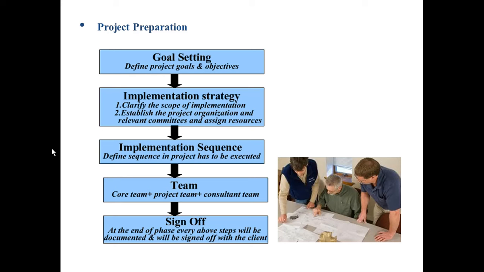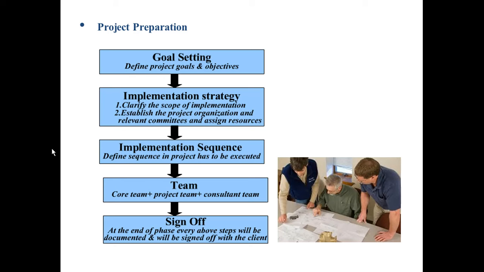It means how I need to classify my scope for implementation, and also estimate my project organization, project cost, resource assignment, and all other important stuff which needs to be considered for designing the strategy.